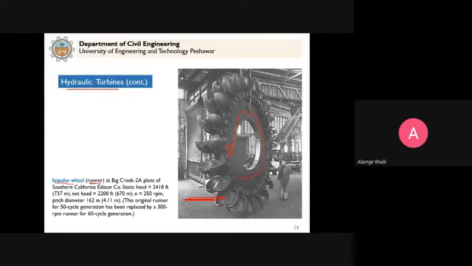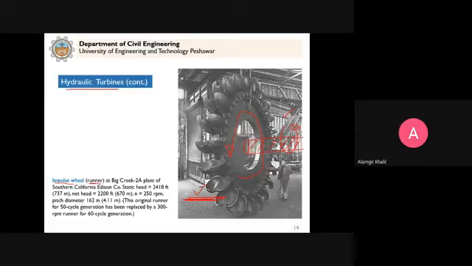This wheel will rotate, and it will rotate the shaft. There will be a shaft that is connected with this wheel, and as a result of that, this shaft will be rotated. And this is how hydraulic energy is converted into mechanical energy in the form of a rotating shaft. It will rotate the shaft of the generator.